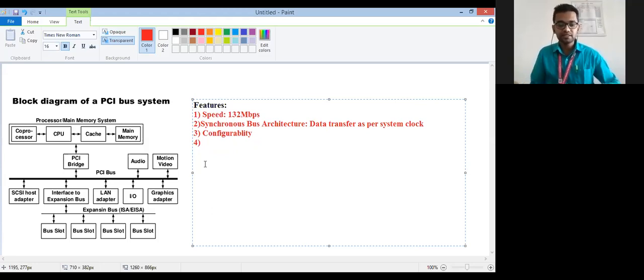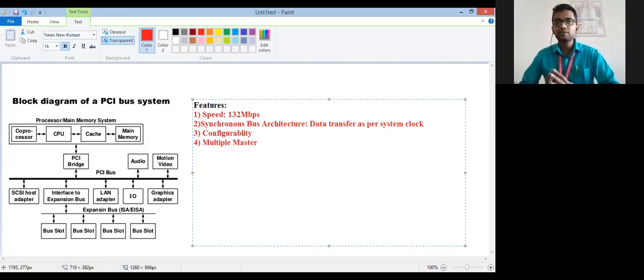Now, next is multiple masters. As you know, nowadays our CPU comes with octa-core, hexa-core processors. So this is a multiple master bus, like our other serial communication buses.